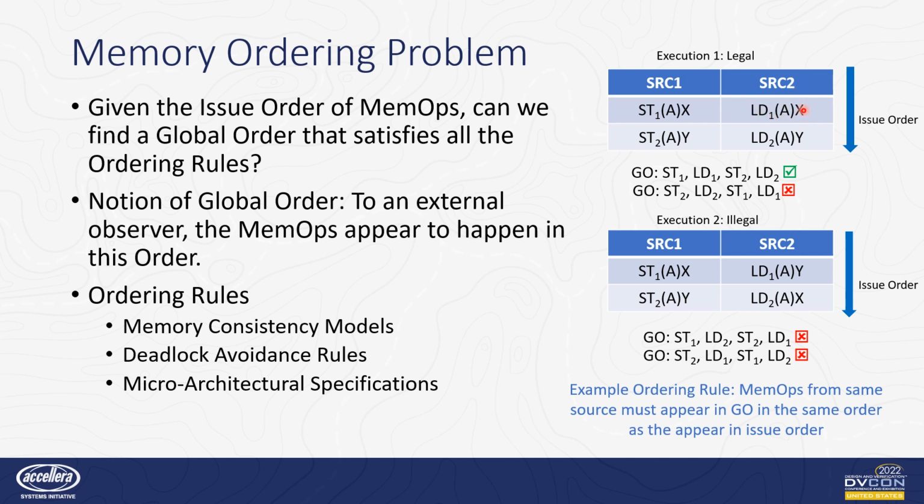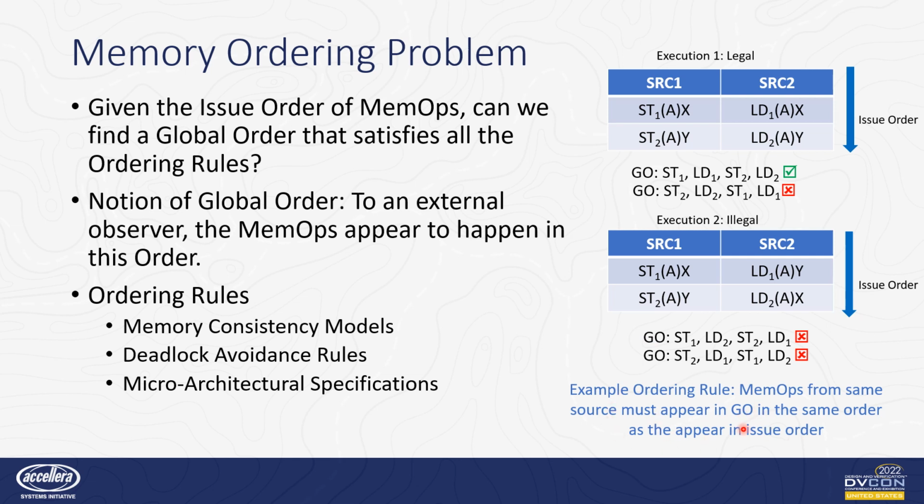Now, since load 1 gets store 1's data and load 2 gets store 2's data, an external observer will infer that load 1 must be ordered after store 1 and load 2 must be ordered after store 2. And so based on that, there are two possible global orders that an external observer can infer.